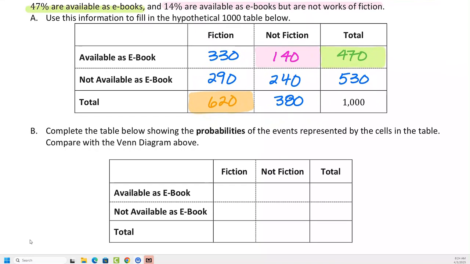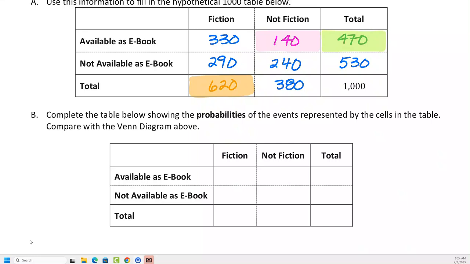Okay, and they just want to see that you could also fill it in with probabilities, and that also works nice. Notice that all you have to do to each one of those is just move the decimal, divide by 1,000. So you would move the decimal 3 times, 1, 2, 3. So, whoops, let's do it in gray. So that would be 0.33. Do you see that? So the next one to the right, isn't that just going to be 0.14?